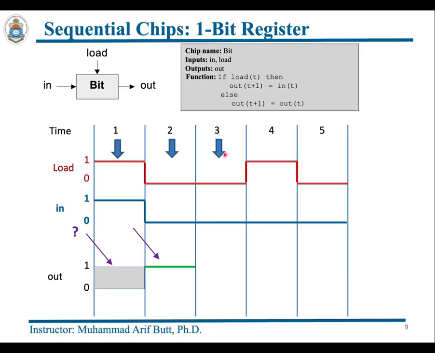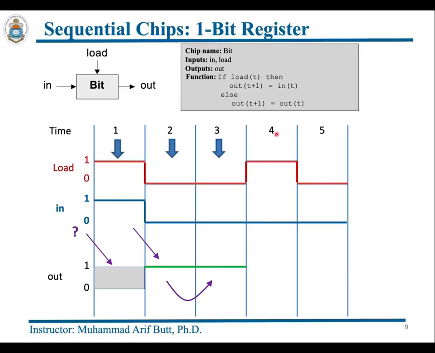Well, at time unit 3, the out will be the previously stored state, and the previously stored state is of course 1. And since the load input at time unit 3 is 0, the state of the bit register will not change. Okay, so this also makes sense.